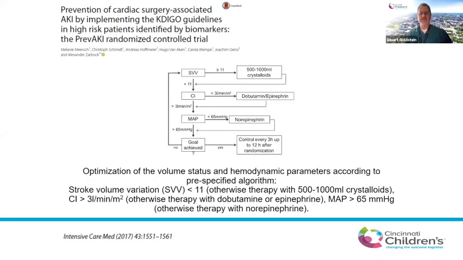And so here's the optimization of volume status that was directed. And this is obviously a very, very intensive management strategy. And you wouldn't want to necessarily perform this in patients who were not at risk for acute kidney injury. So this is where the biomarker helped direct resources in patients truly at risk.